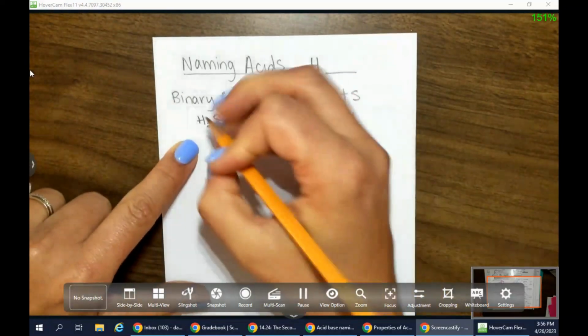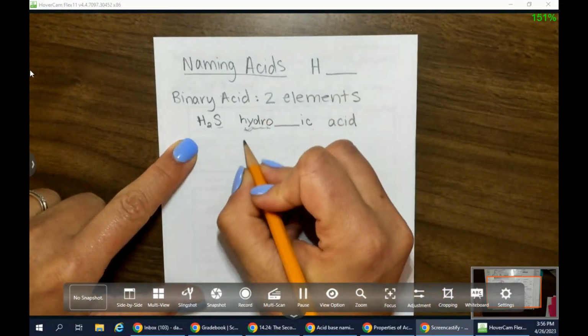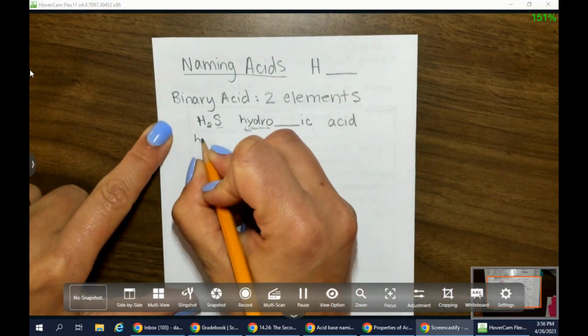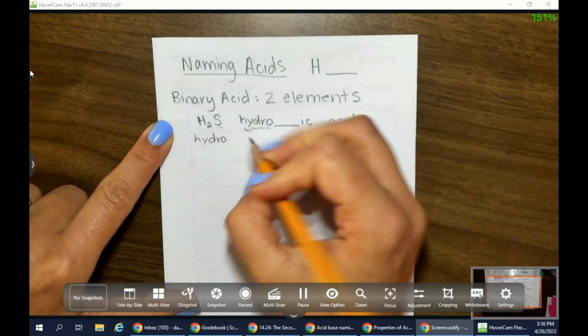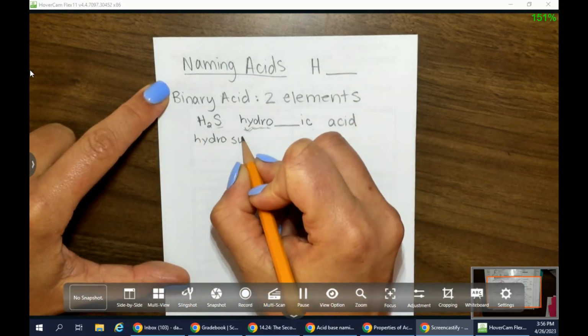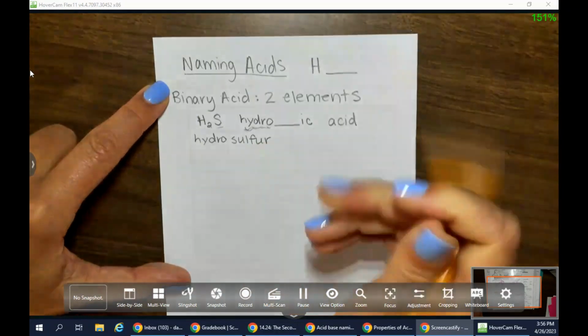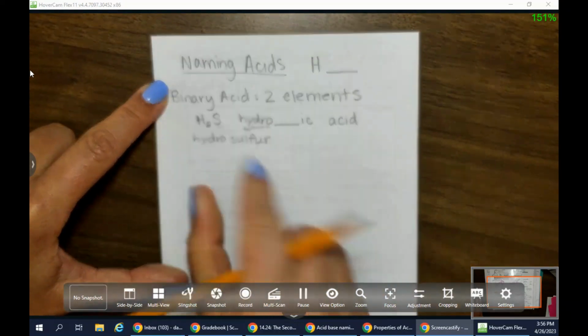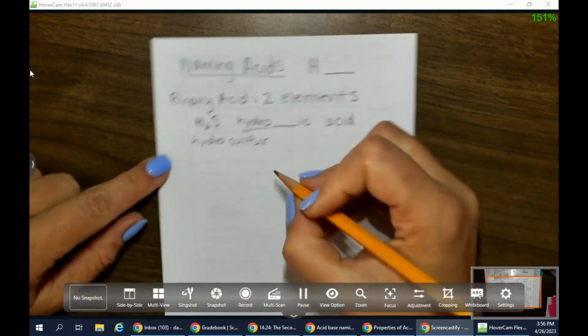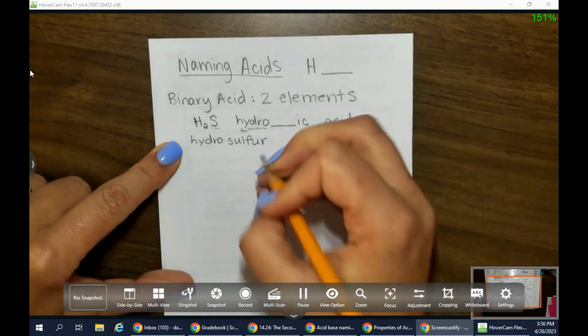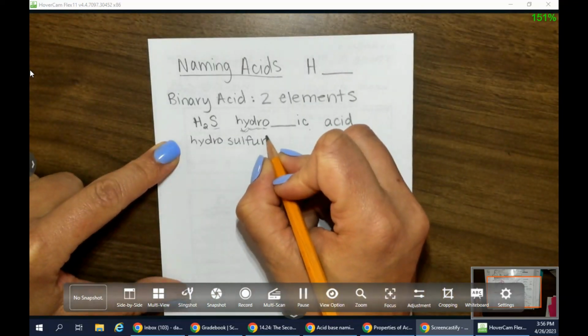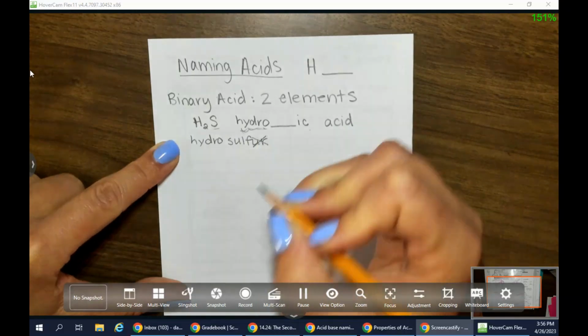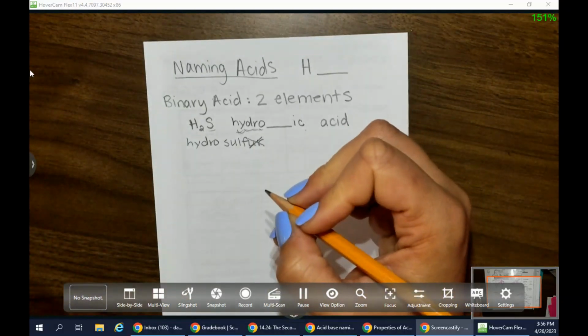All right. So for this one, we had H2S. So we're going to go ahead and start with hydro. So we have a sulfur as our second element, and I did not mean to have a gap there. They should be pushed together. I'm sorry. So we have sulfur. We're going to change it to be ic. So I'm going to cross out the UR, but just so you know, we do have to have the UR for this one.